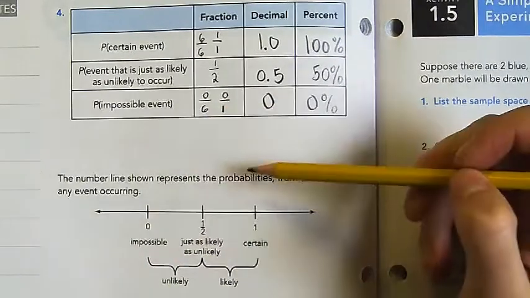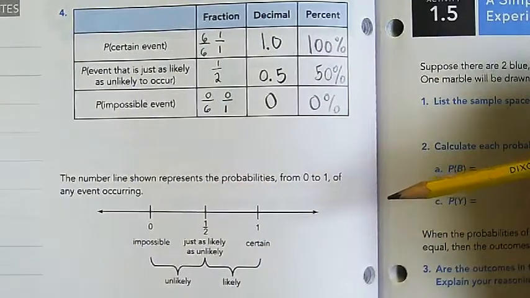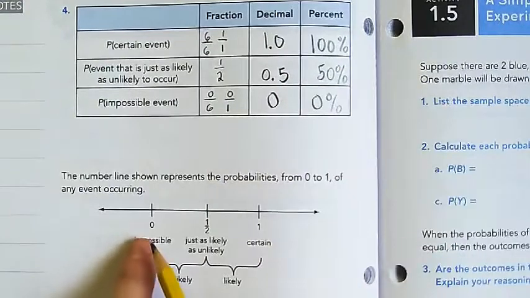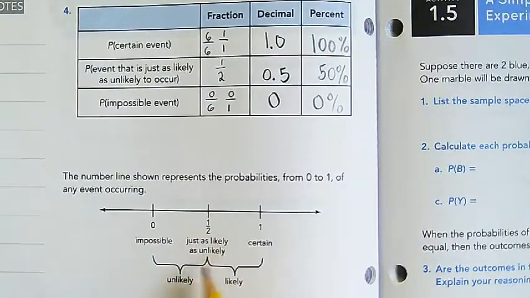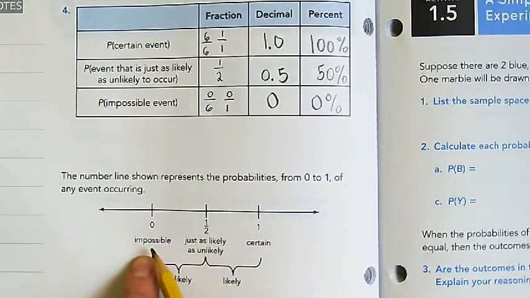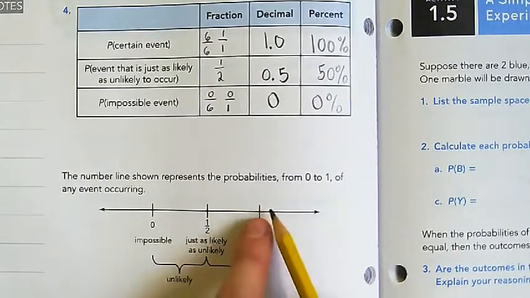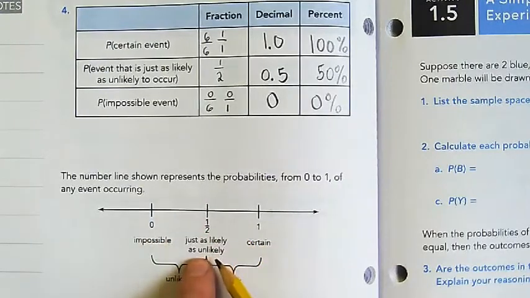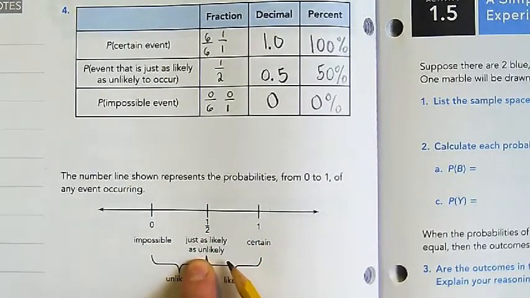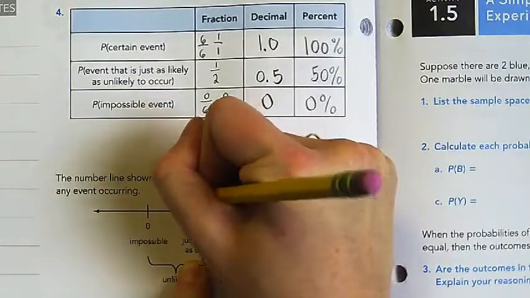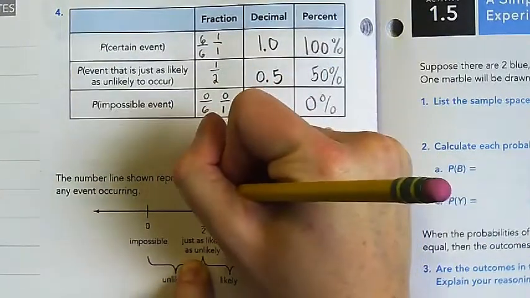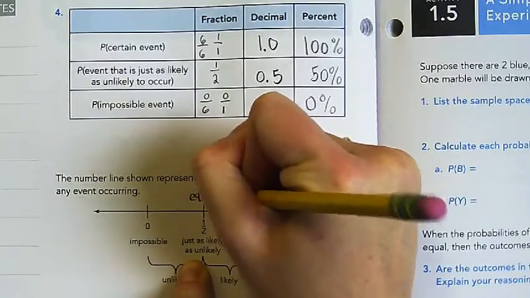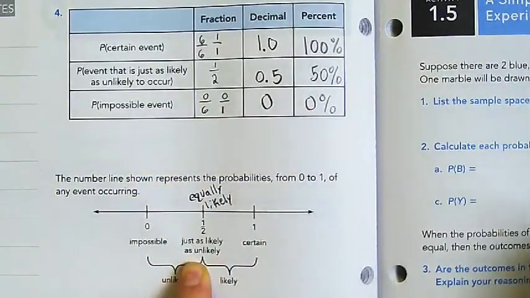So again, it's just another representation, another visual of what probability looks like between 0 and 1. 0 is impossible. 1 is certain. 1/2 is just as likely as unlikely. We also say equally likely. Let's go ahead and write it on here. Equally likely.